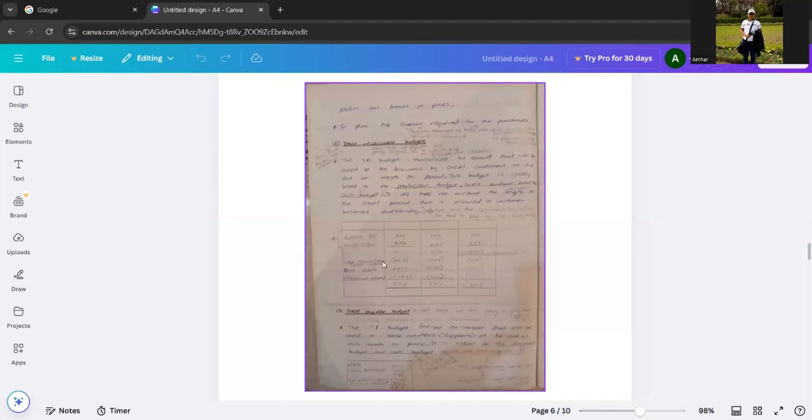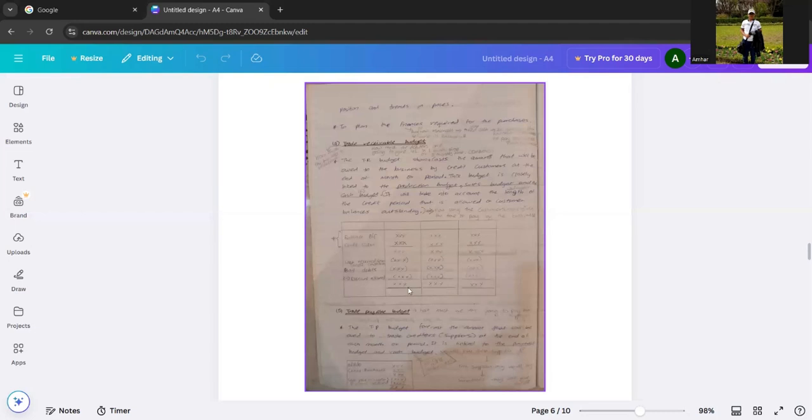And then cash received from credit customers: when the customers are paying you, you write that. If you incur any bad debts, you write them here, and you have to subtract. Even the cash received you have to subtract, and the discount allowed also you have to subtract, and then take all that to the total column and get that value. Like that, you have to do the same for quarter two and quarter three.